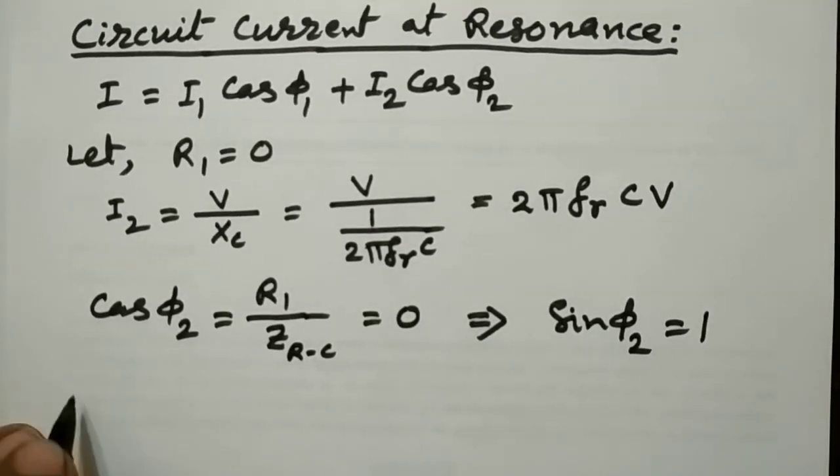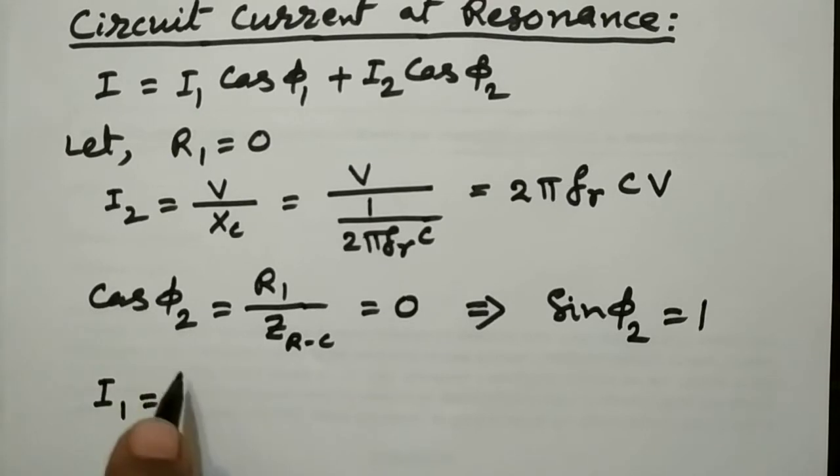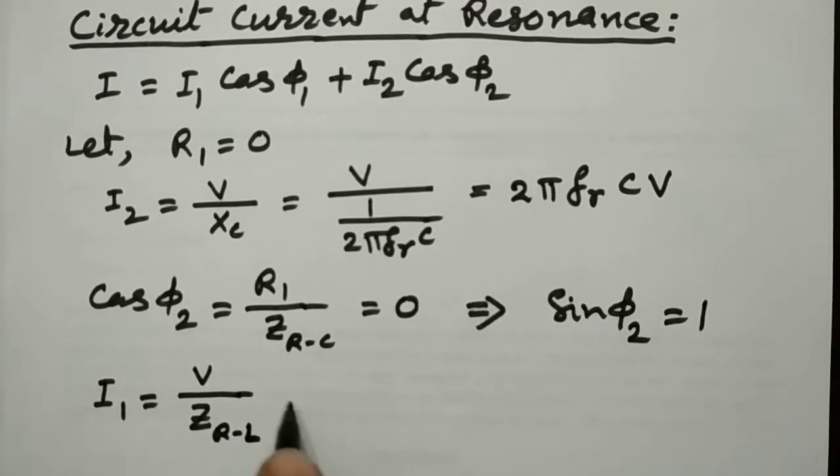Now in the resistive inductive circuit, once again we write the expression of the current. So I1 will be equal to V upon Z of RL, the impedance of the RL branch.